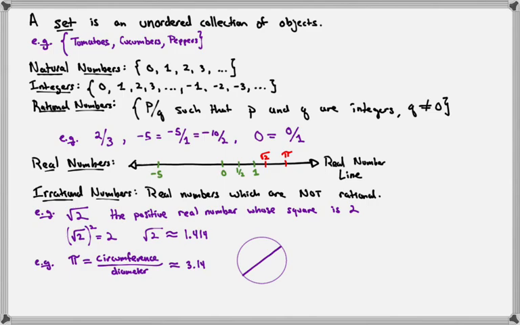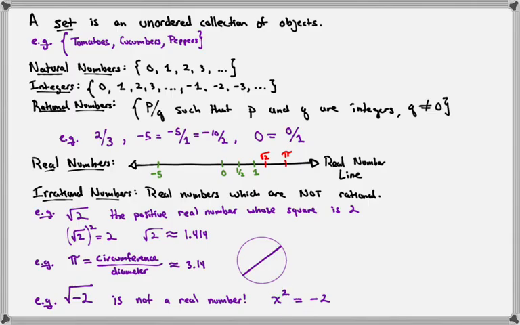The story does not end with irrational numbers. There are other numbers that are non-real. So for example, the symbol square root of -2 is not a real number. Why is that? Well, I can't square any real number and get -2. So in other words, if I look for a number whose square is -2, let's call it x, whenever I square a real number, I'm going to end up with a non-negative result.